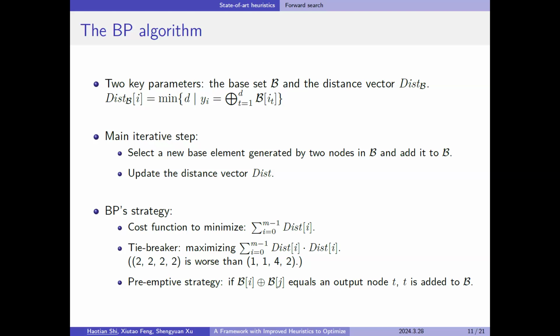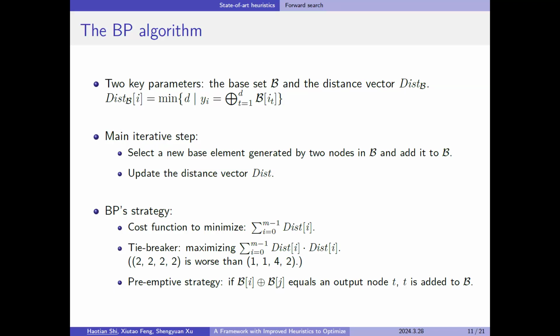So it characterizes the distance from the base set to the output nodes. The main iterative step of the BP algorithm is to select a new base element generated by 2 nodes in B and add it to B. Then the distance vector is updated. The iterative step repeats until all the output nodes are generated.